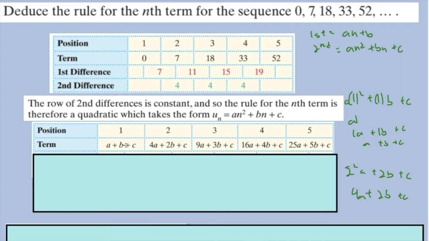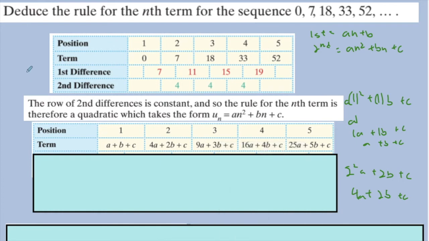But now we're going to find the difference between these, just like we did here. We said the difference between 0 and 7 is 7. Well, we're going to find the difference between a plus b plus c and 4a plus 2b plus c. I'll do that in red for us.